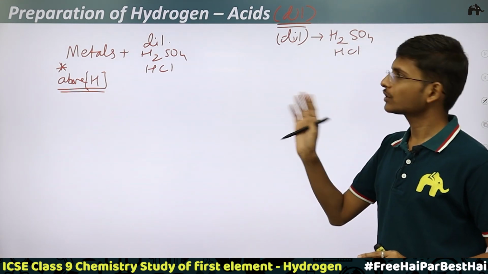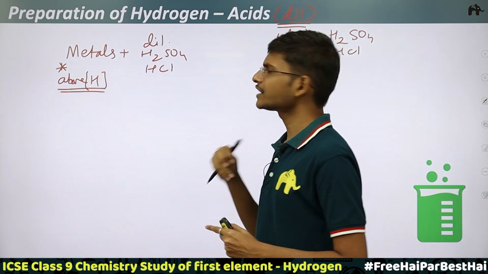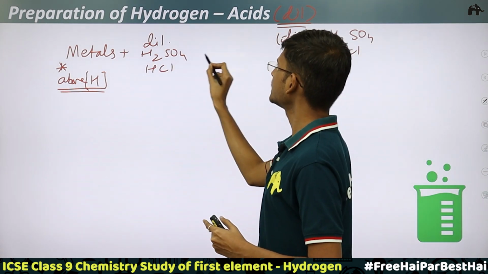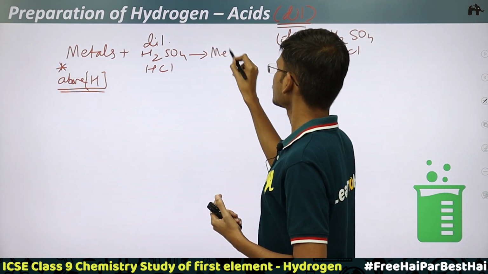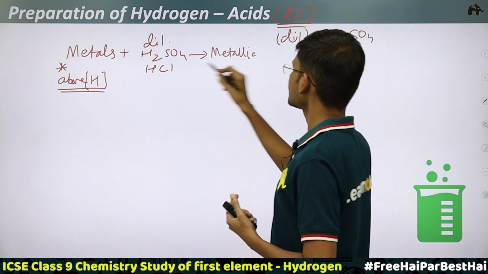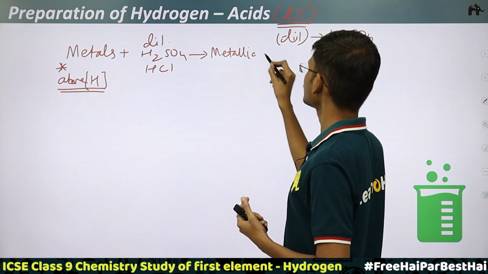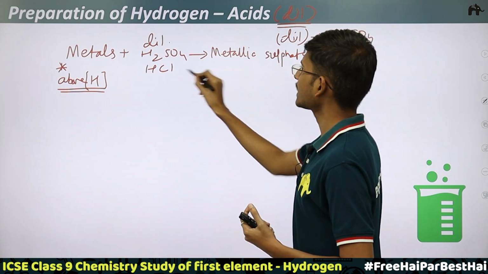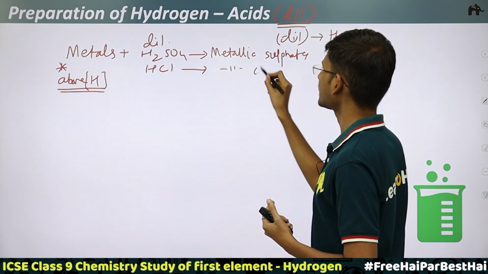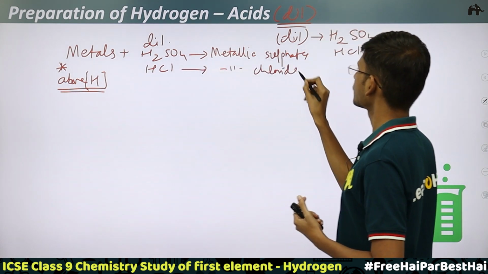So these metals, when they are treated with sulfuric acid or hydrochloric acid, result in their metallic sulfates if reacting with sulfuric acid, and metallic chlorides if reacting with hydrochloric acid. Very simple.